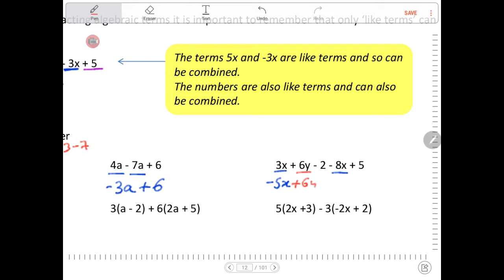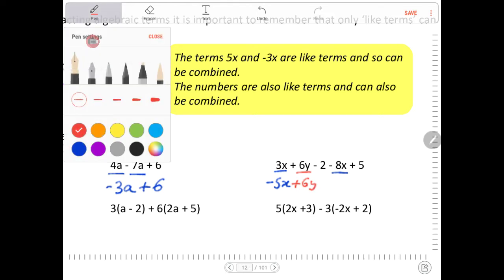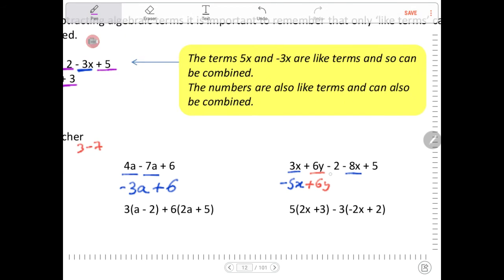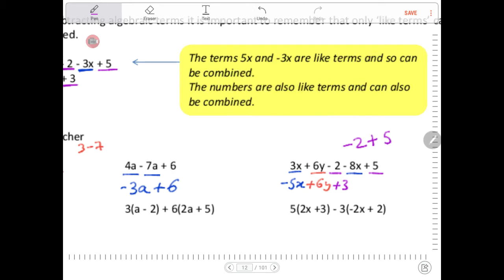Don't need to add or subtract anything from it. It's the only y that's there. And then we've got negative 2 plus 5. Okay, so see if you can work that out. Negative 2 plus 5 gives us 3. So negative 5x plus 6y plus 3 is the answer.